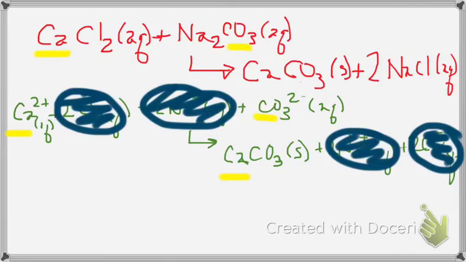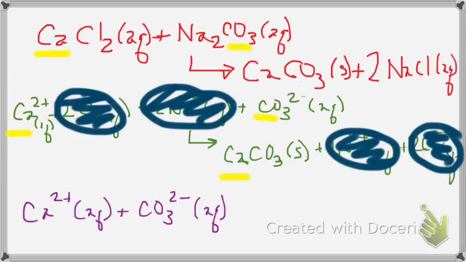So let's just write what's left behind. We have a calcium 2+ aqueous cation plus a carbonate 2- anion that makes a calcium carbonate solid.